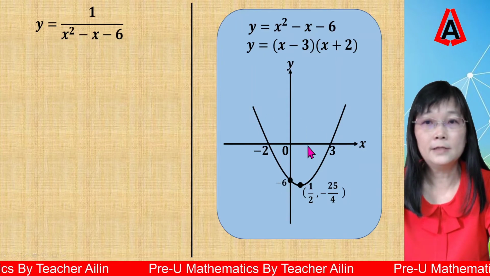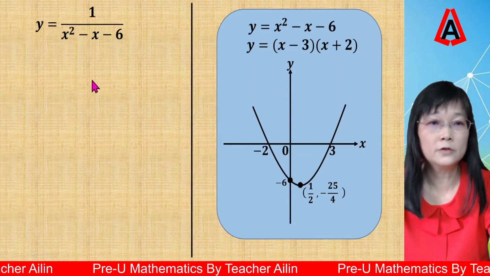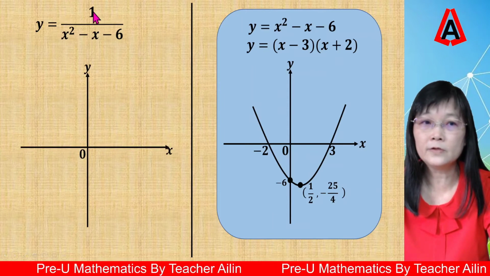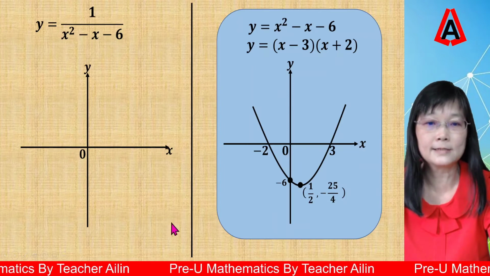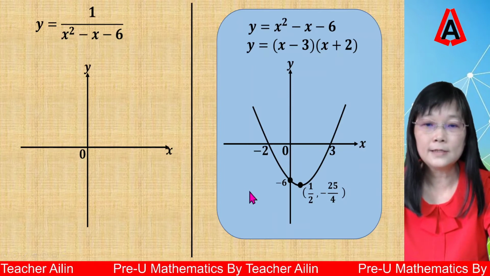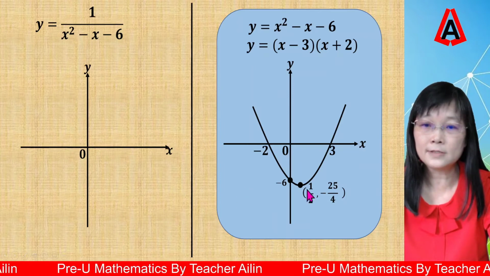Now based on this quadratic function, I'm going to convert to the reciprocal function 1 over x squared minus x minus 6. First, the critical point that I need to consider.